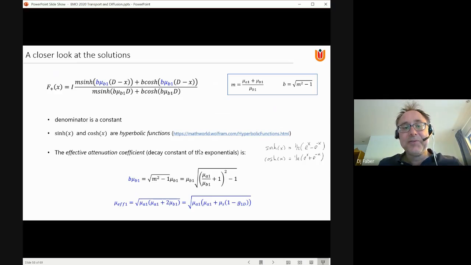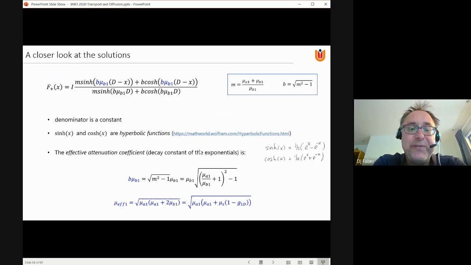Basically the coefficient of these exponentials is this b times mu b, which was given in blue there. If we work that out a little further, we can rearrange that so we can fill in for m, and then in turn fill in for the absorption coefficient and the backscatter coefficient.